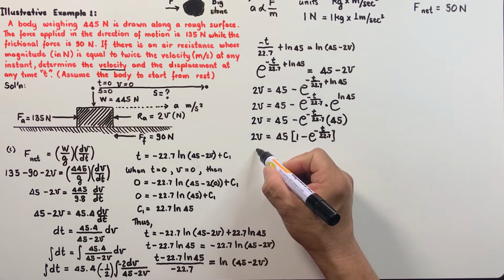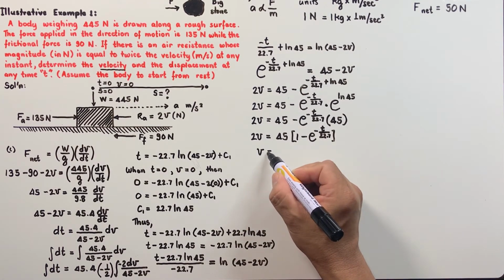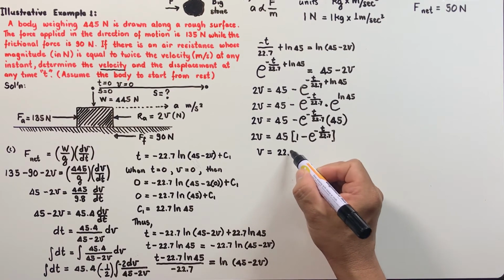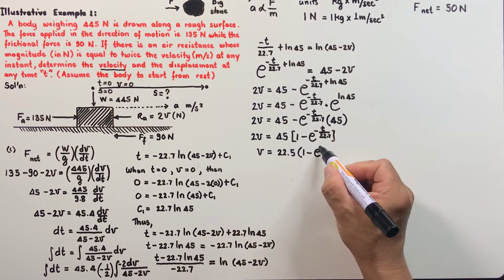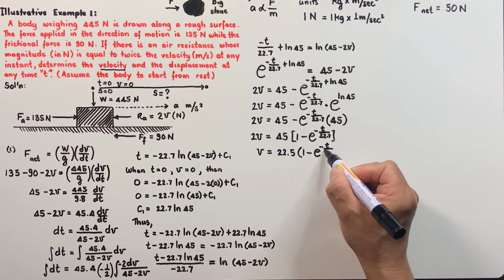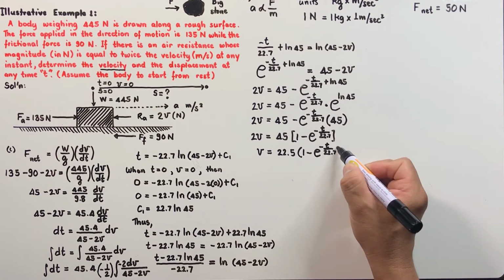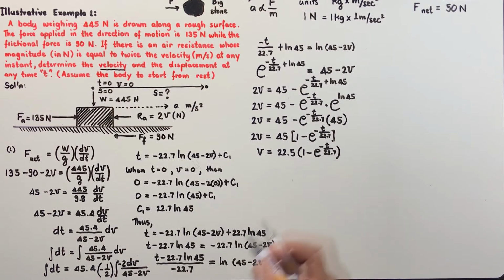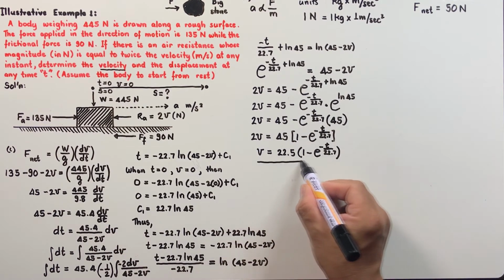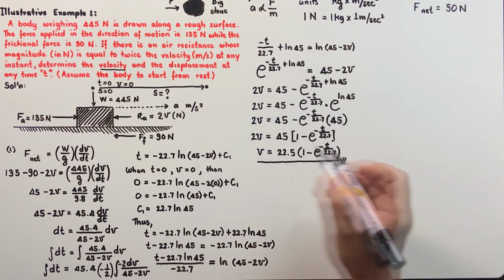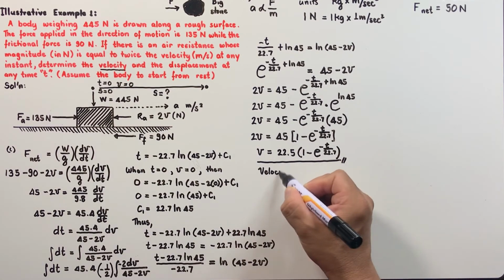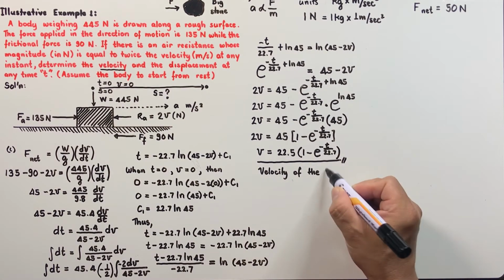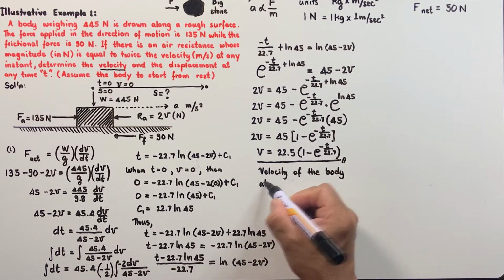So dividing both sides of the equation by 2, we have v equals 22.5 times 1 minus e to the power of negative t over 22.7. So this is our first answer for the first question in the problem, which is the velocity of the body at any time t.